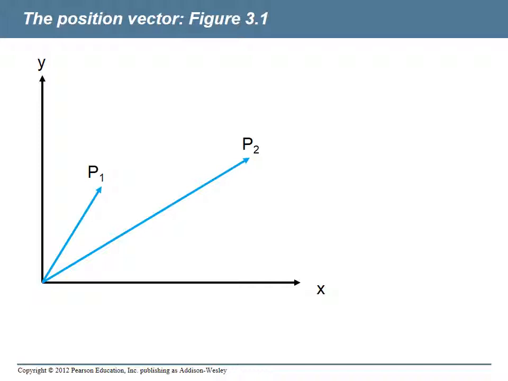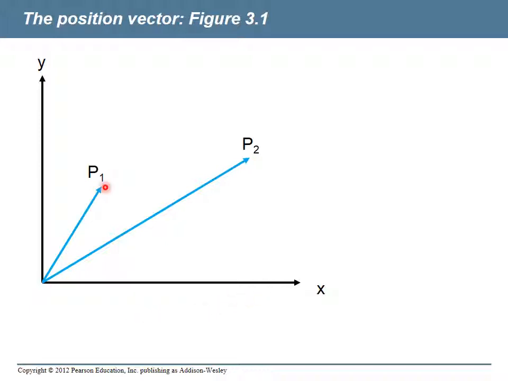So when we're defining the velocities and the accelerations in two dimensions, we have to use the position vector. So what is the position vector? Well, it's exactly that. It is a vector which gives us the position of a certain point. So say we have a coordinate system where we have our y here and we have our x over here.